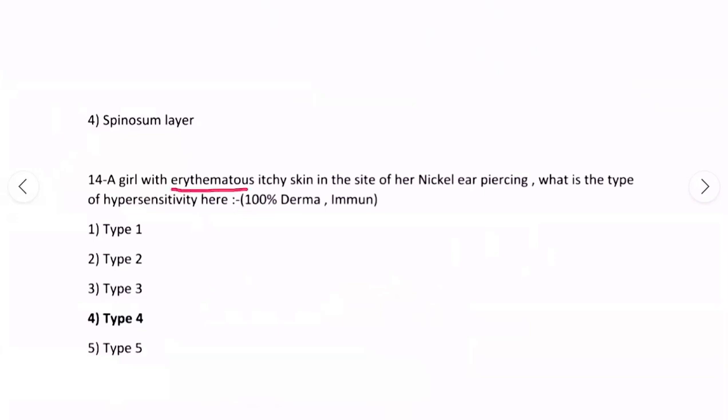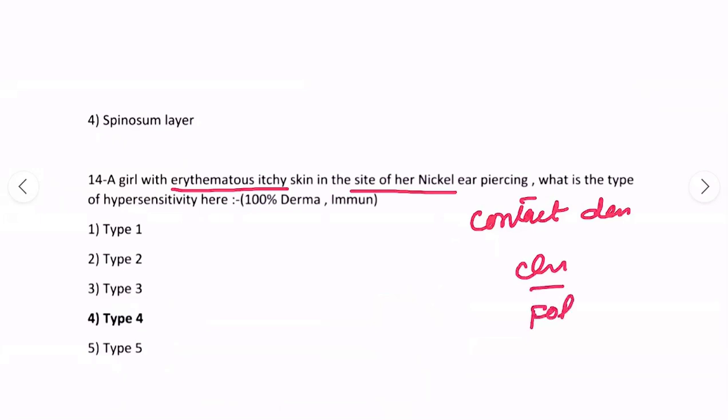A girl with the erythematous itchy skin in the site of her... This is about your contact dermatitis. For that, there is a clinical case in your FOP book. I will search which clinical case number it is, a chapter where they have told us the different types of diseases and different types of reactions.